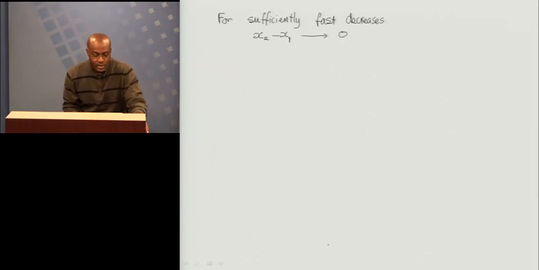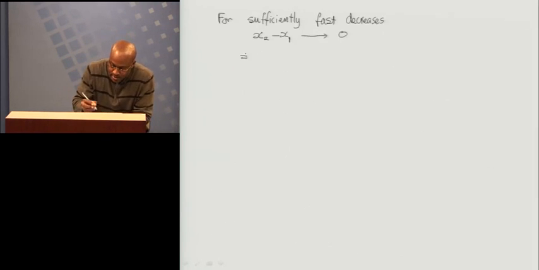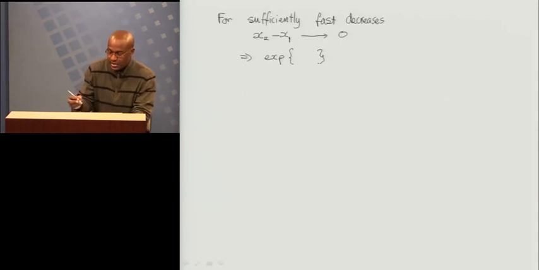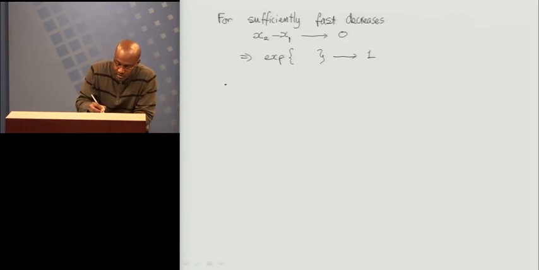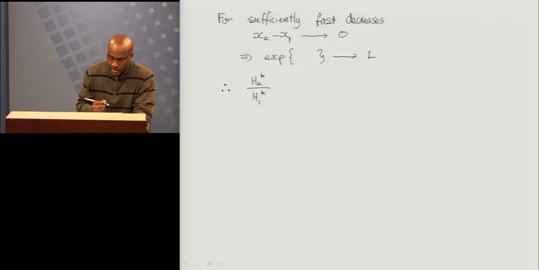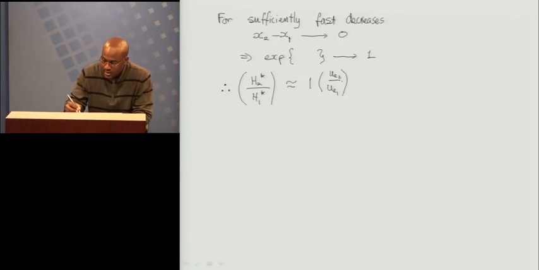So the exponent of all those terms tends to 1. Then I could rewrite my approximation: H2* over H1* is approximately equal to 1 times UE2 over UE1 to the H minus 1 average.